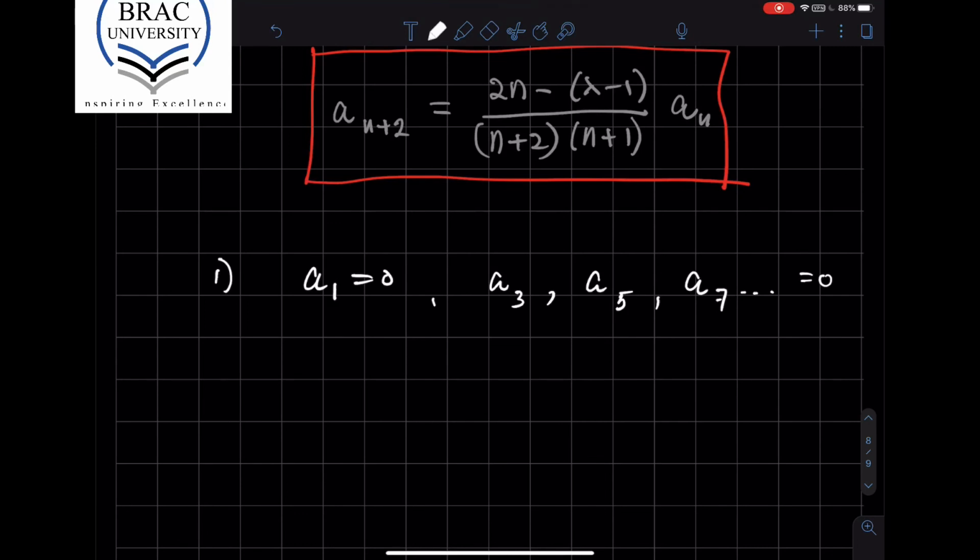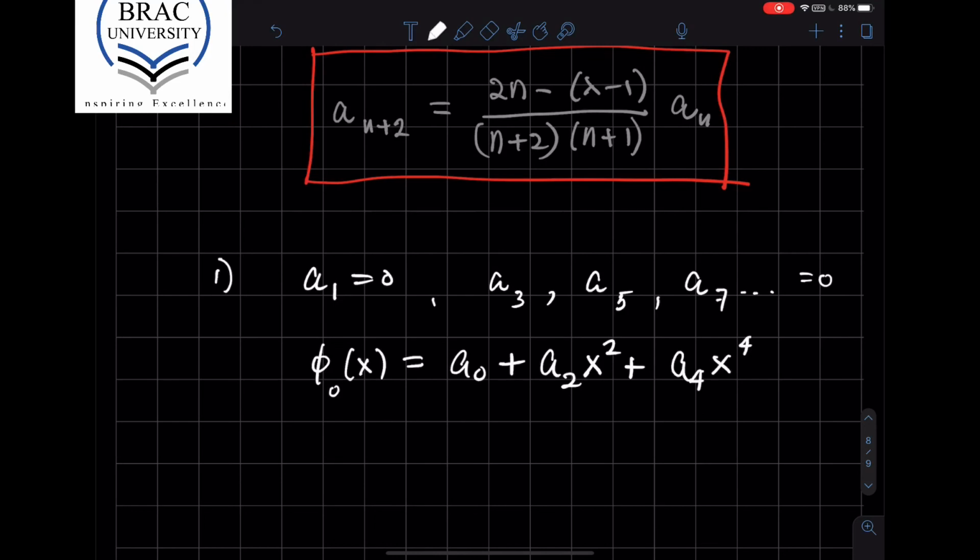In that case, our solution, let's call that phi_0 of x, becomes a_0 plus a_2 x squared plus a_4 x to the fourth plus and so on. In other words, it's an even function.